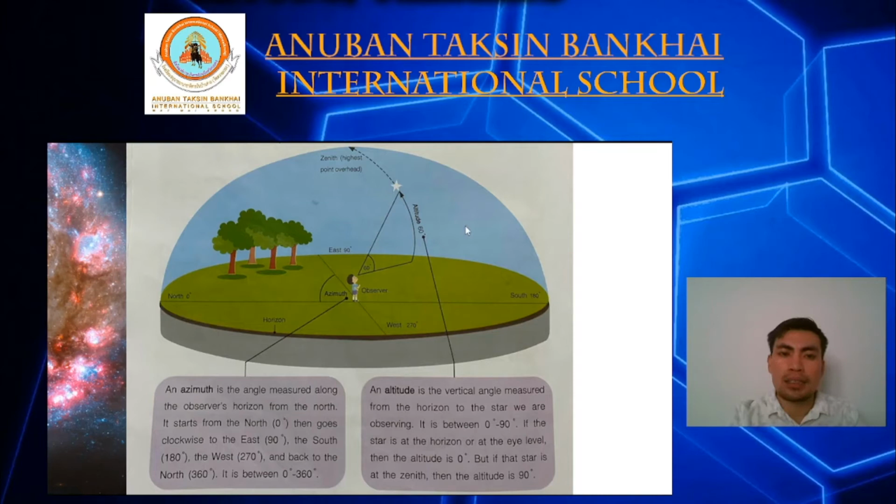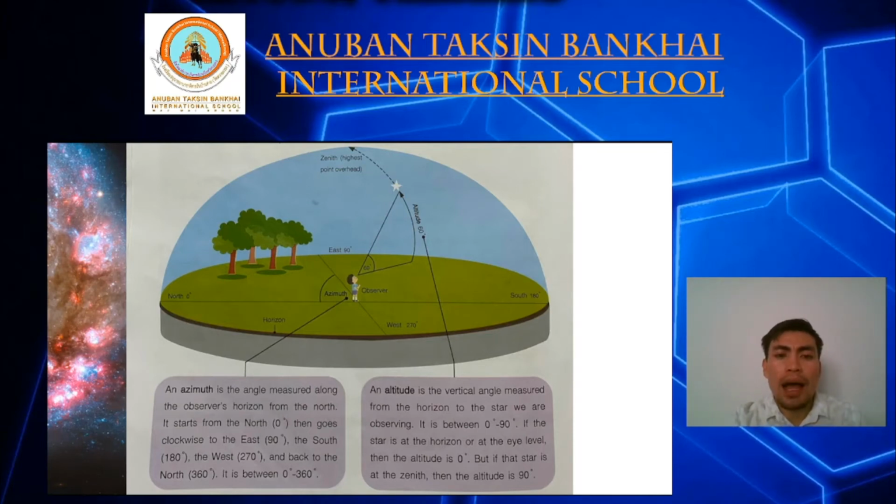The altitude in this picture is 60 degrees, and the zenith is the highest point overhead. So azimuth, altitude, and zenith are the three important things you need to know in this slide.